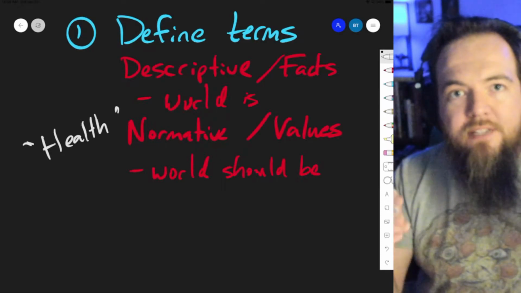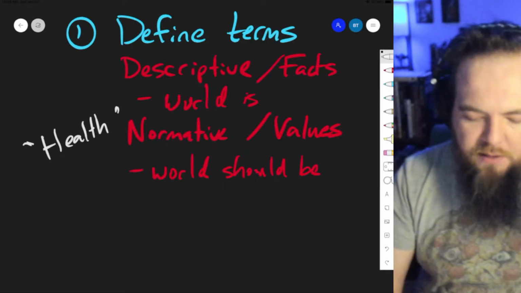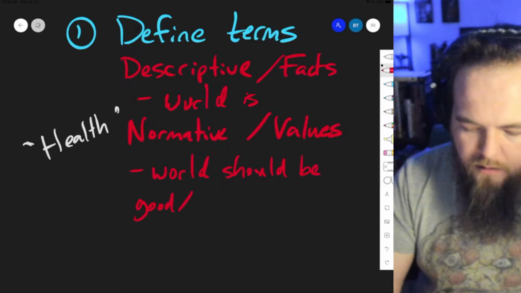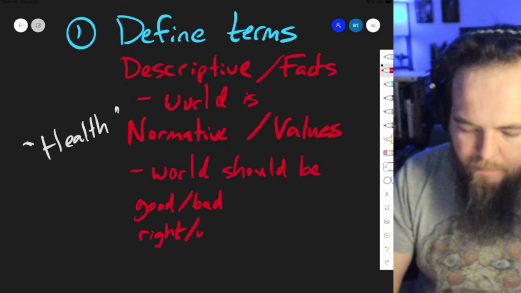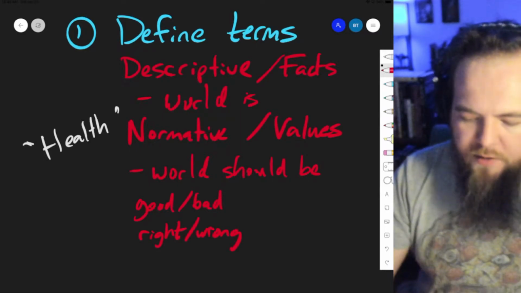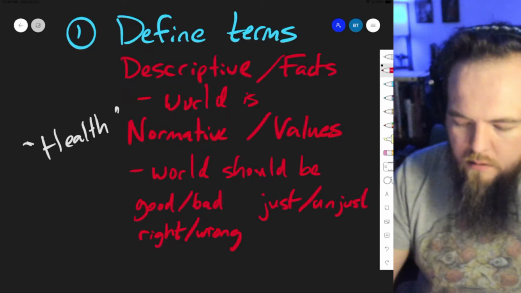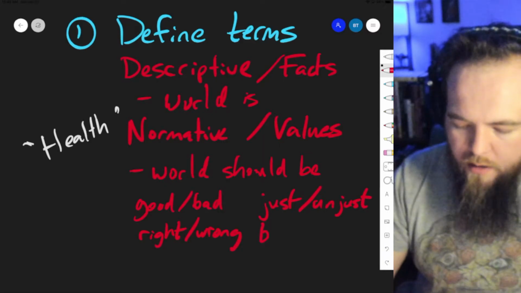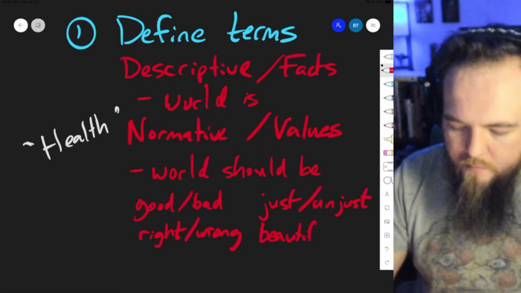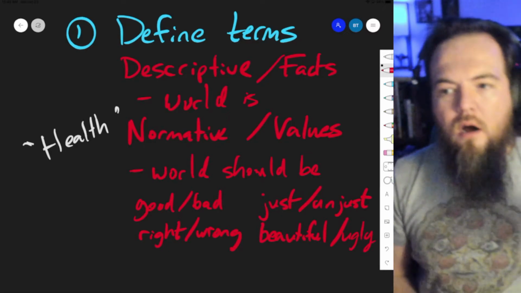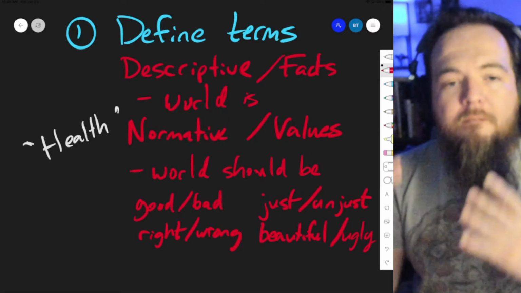Because what the normative is doing is it's basically sorting good from bad, right? It's sorting right from wrong. It's sorting just from unjust. And it's sorting beautiful from ugly. All right?